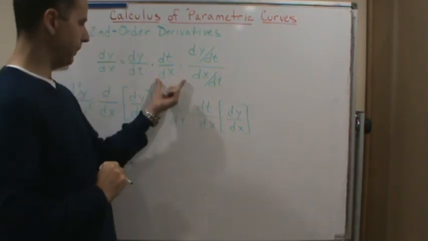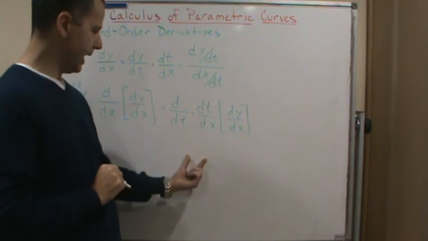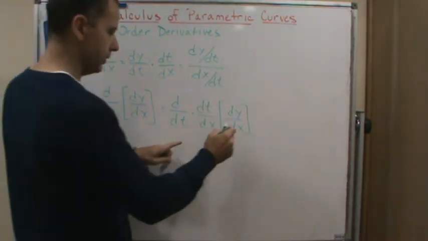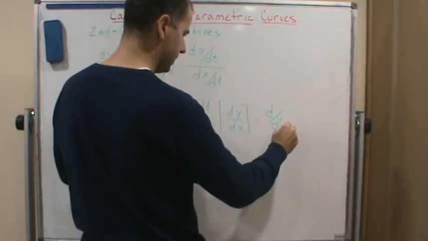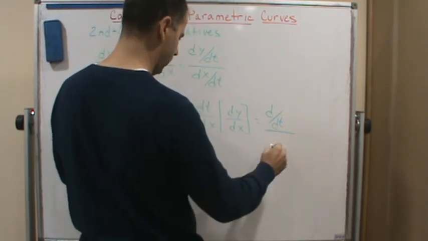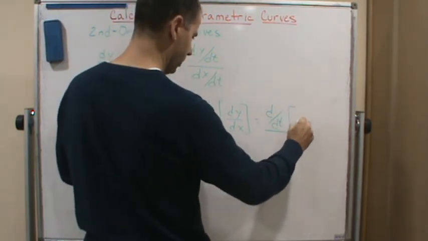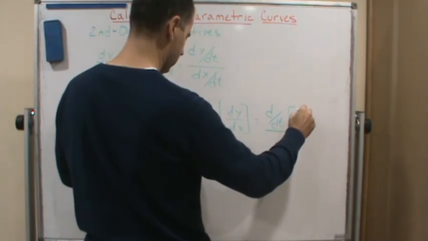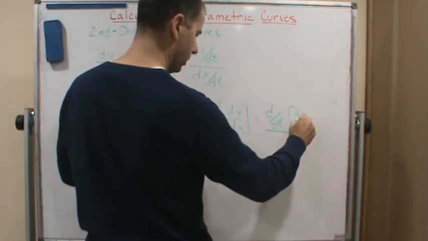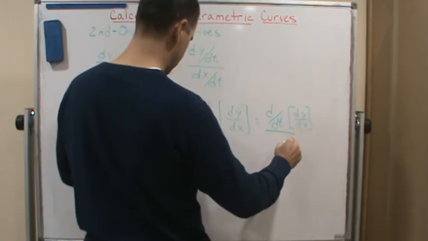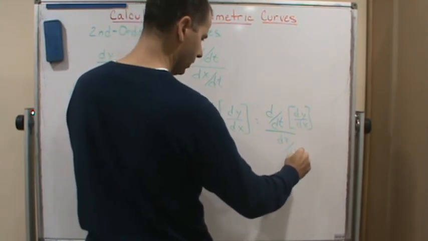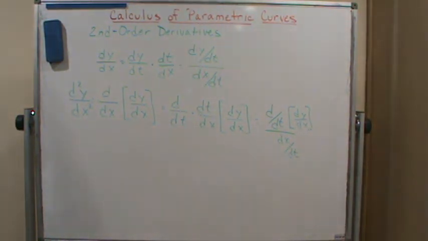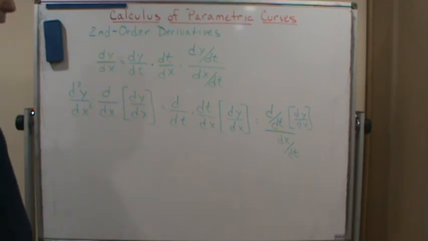I'm going to do the same thing that I did up here. I'm going to flip this down to the bottom. So this equals the derivative with respect to t of dy dx, over dx dt. And we're done.